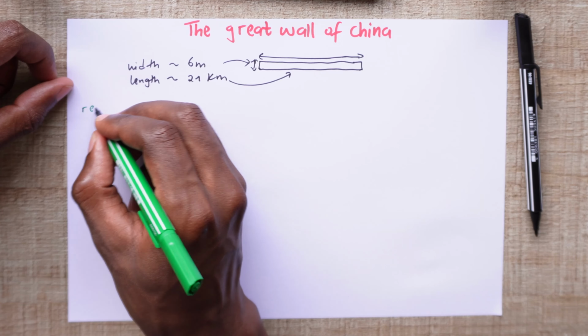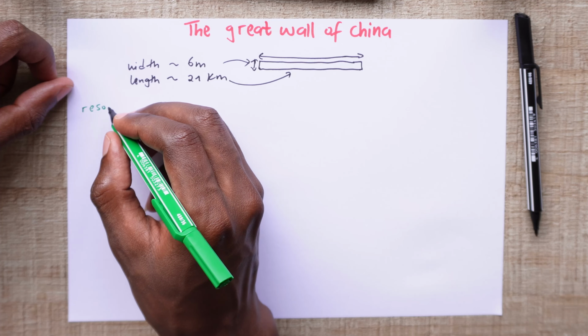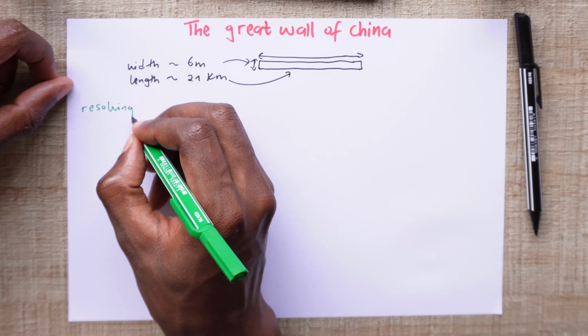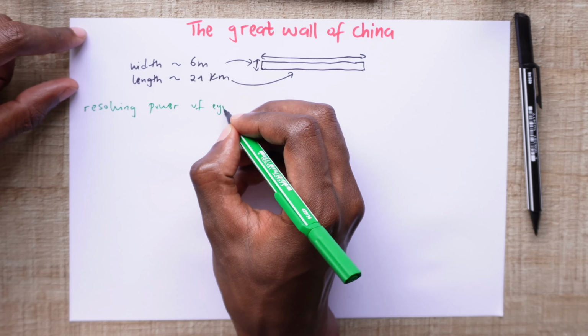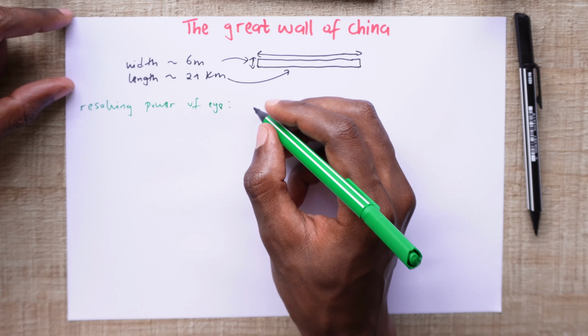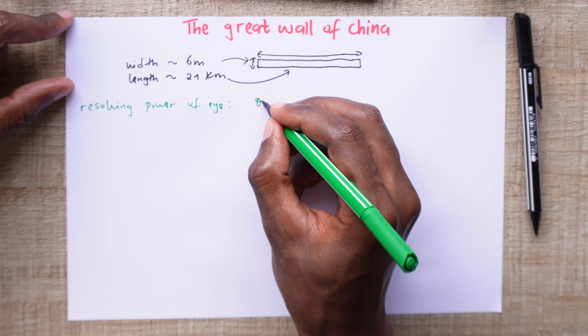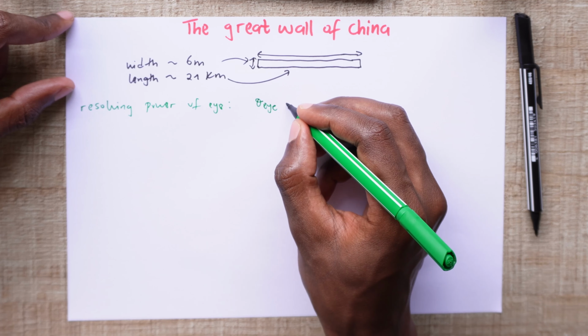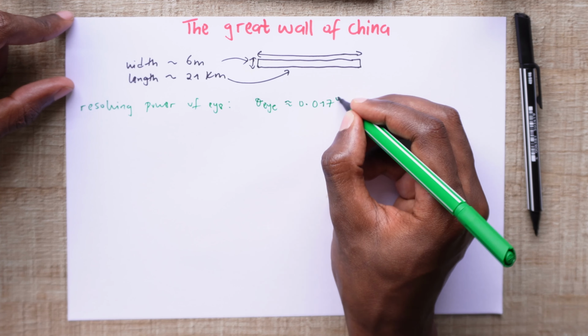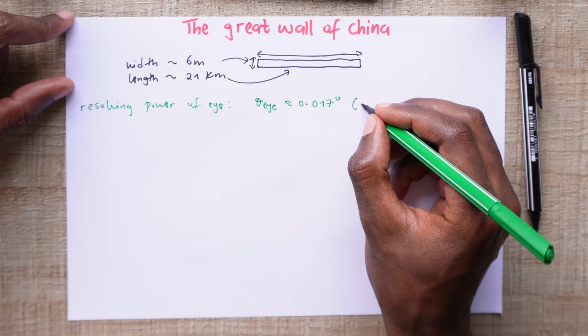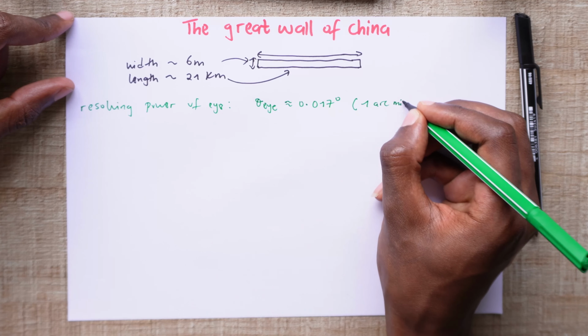So the resolution or the resolving power of the eye. And you can easily check that on online sources. That's around 0.017 degrees, approximately 1 arc minute.